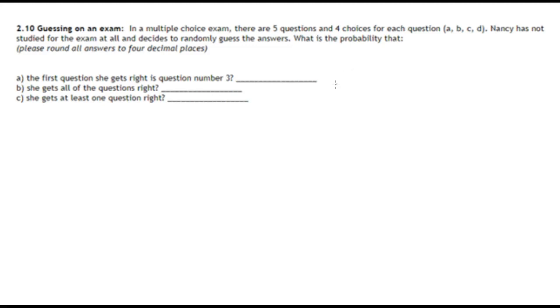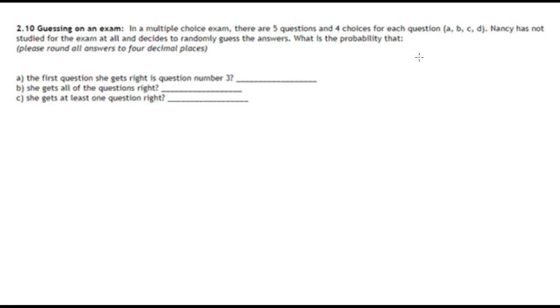It says randomly guessing the answers, what is the probability? Randomly guessing tells you that there's a 25% chance we'll get it right, the one correct answer, or a 75% chance we'll get it wrong.